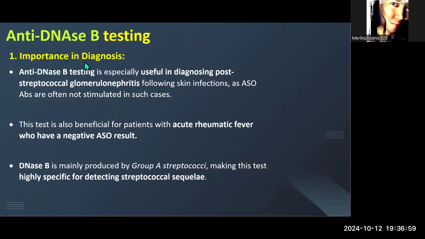This test is also helpful for patients with acute rheumatic fever who test negative for ASO. Since DNase B is primarily produced by GAS, this test is highly specific for detecting streptococcal sequelae. Again, highly specific for detecting streptococcal sequelae, that's your anti-DNase B testing.